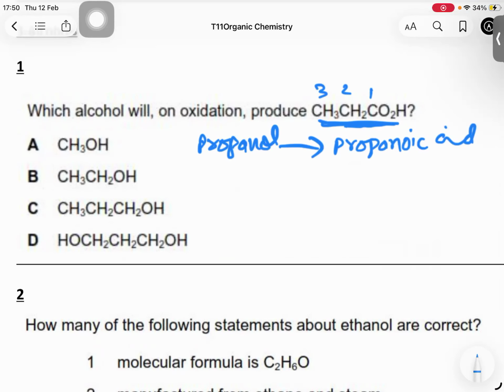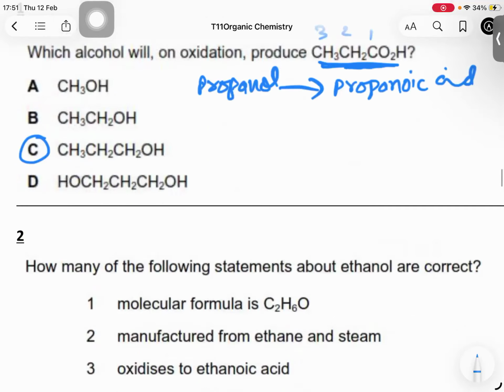Propanol, because alcohols always oxidize to give the respective carboxylic acid. Ethanol gives ethanoic acid, methanol gives methanoic acid, propanol gives propanoic acid, right? So which one is the propanol? C is the answer. Okay.